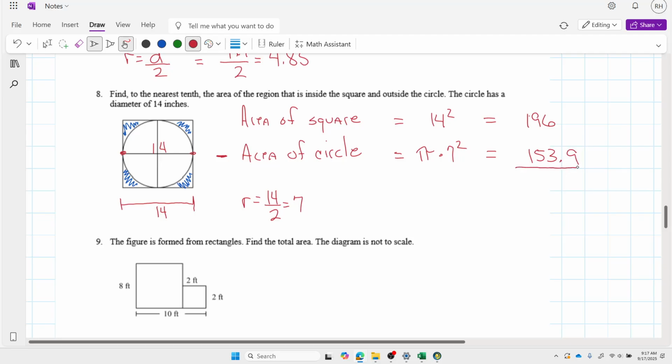And again, we're subtracting. So it's 196 minus 153.9. And that's 42.1.